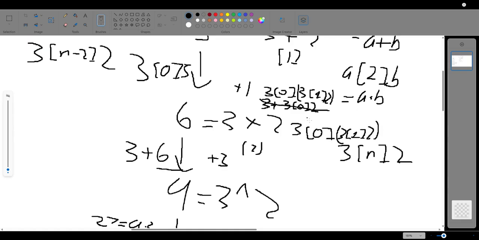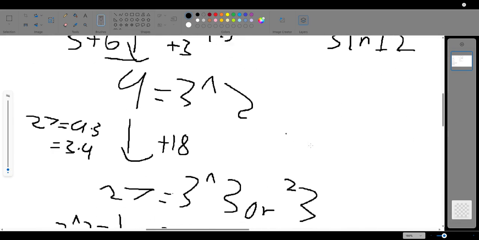Or it could be 3, 0, and then 3 plus 2 would be 5, which means 1 plus 5, that equals 6.